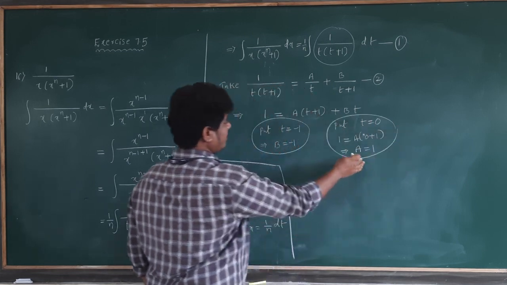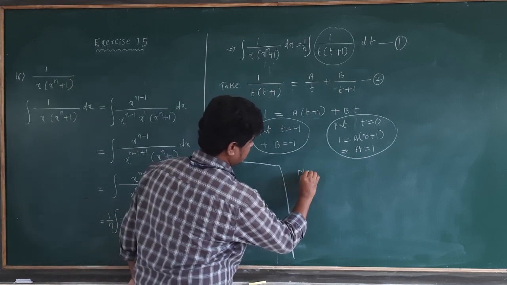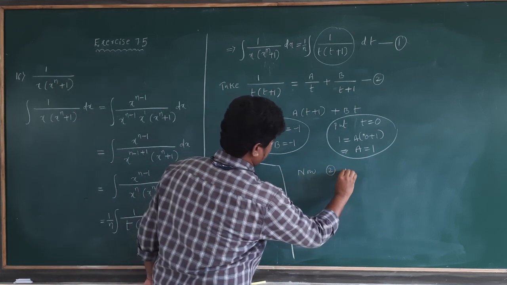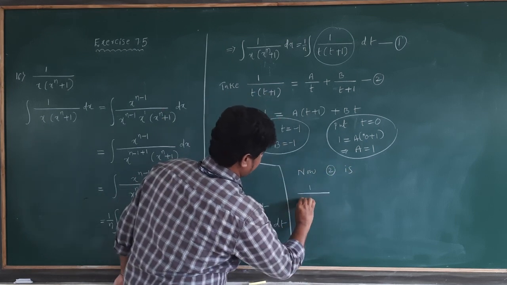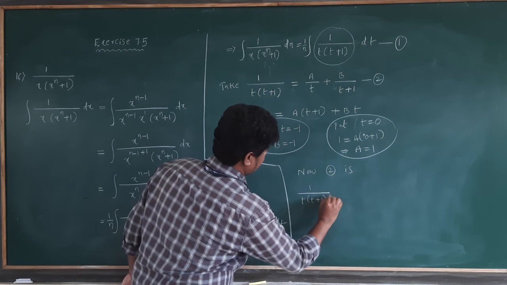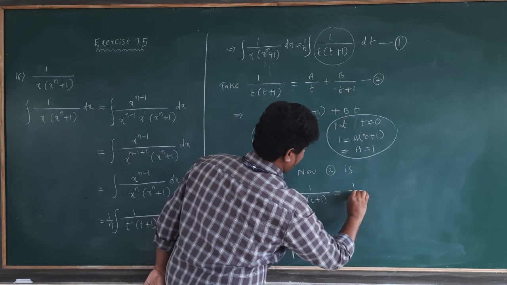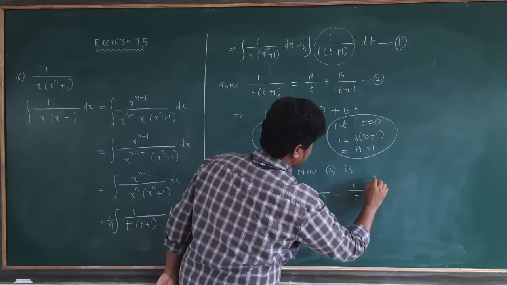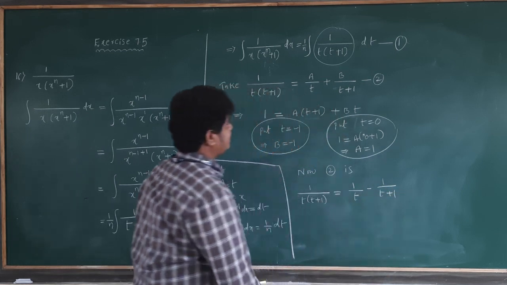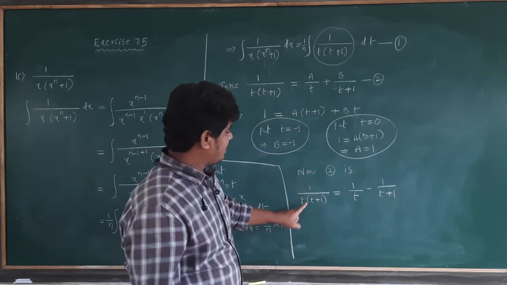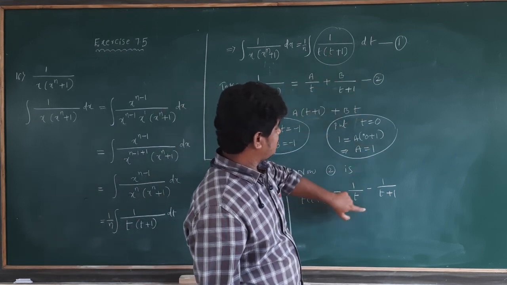Here we have the values of A and B. Now this one will be written as, in equation 2, 1 divided by t into t plus 1 equals, A means 1 divided by t, B means minus 1, so minus 1 divided by t plus 1. Just this 1 by t into t plus 1 we have in equation 1, just substitute this in that.